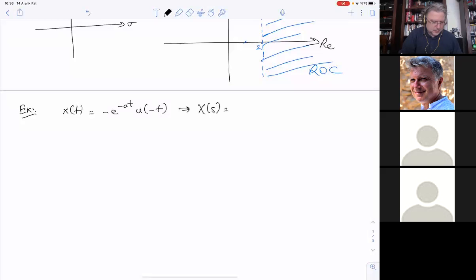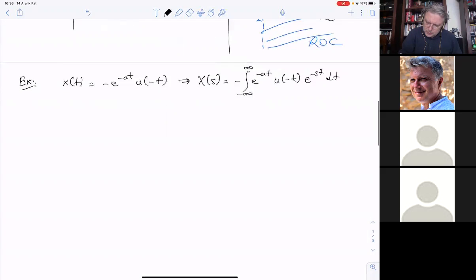X of s is equal to minus, because there's a minus sign in the expression of x of t, the integral from minus infinity to infinity of e to the minus at u of minus t, times e to the minus st dt, of course, for the Laplace transform formula. That makes the limits from minus infinity to 0, because u of minus t is valid only between minus infinity and 0. And there is still a negation.